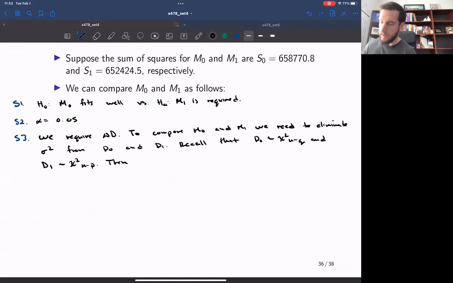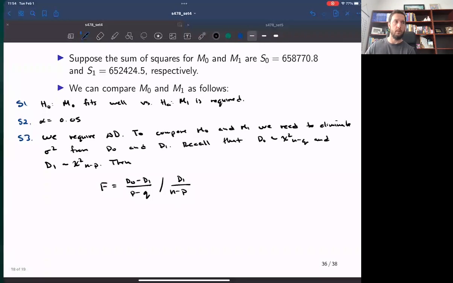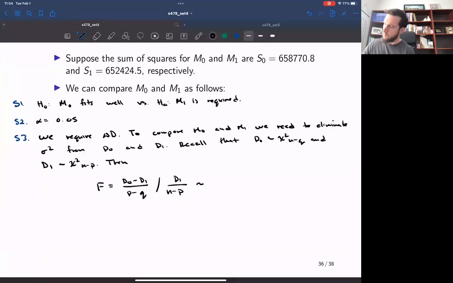Then we can write that F is going to be D0 minus D1 over p minus q, divided by D1 over n minus p. And this thing will be F distributed on p minus q and n minus p. Okay, because when we take the ratio of two chi-squares, we end up with an F distribution.